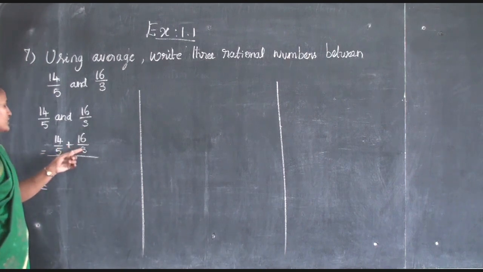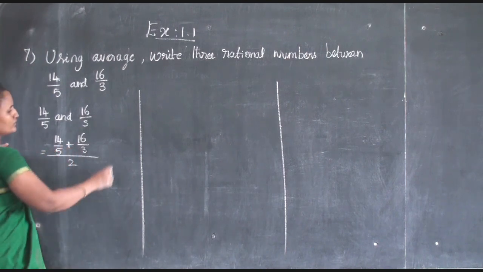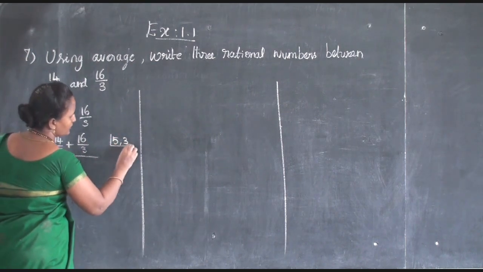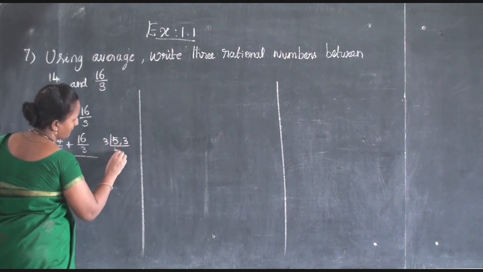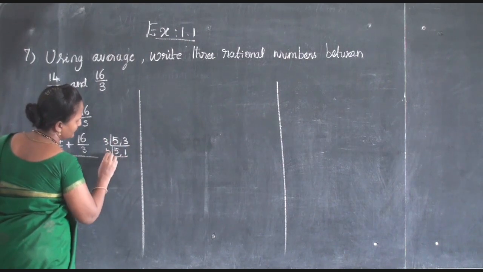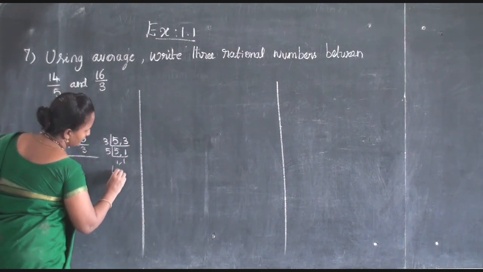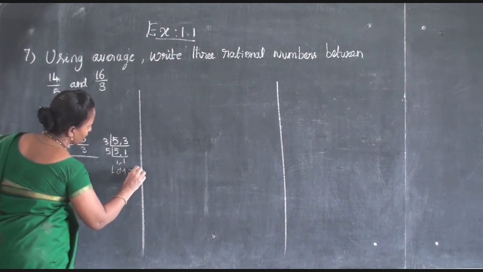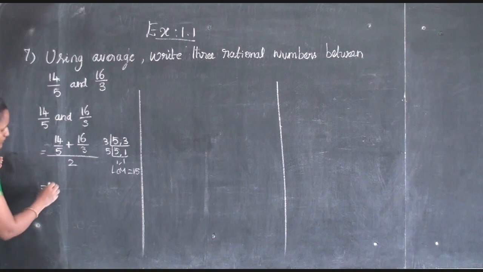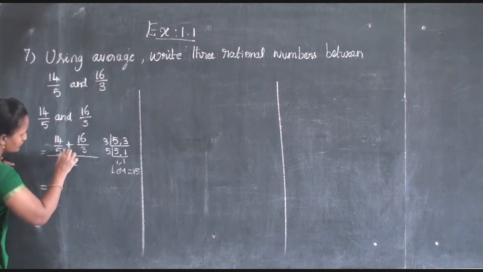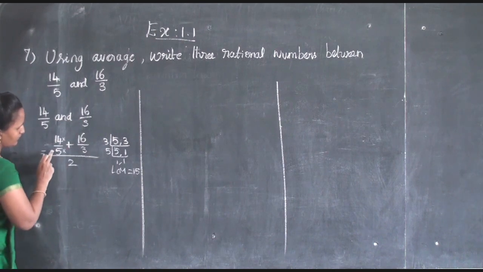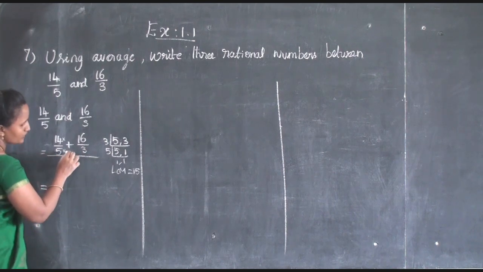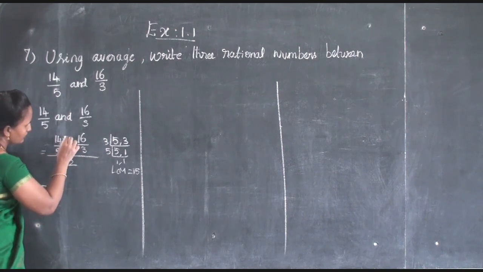Here the denominators are not equal. So take LCM of 5, 3. LCM is 3 5s are 15. What number we have to multiply with 5 to get 15? 3.